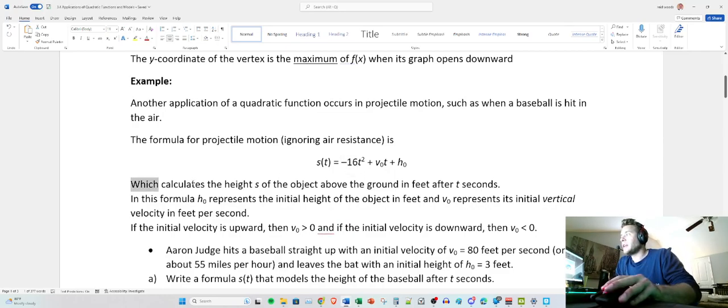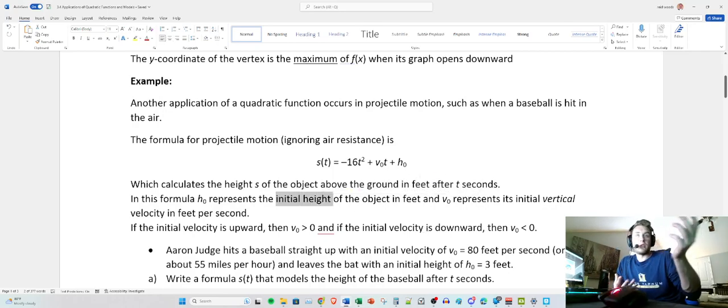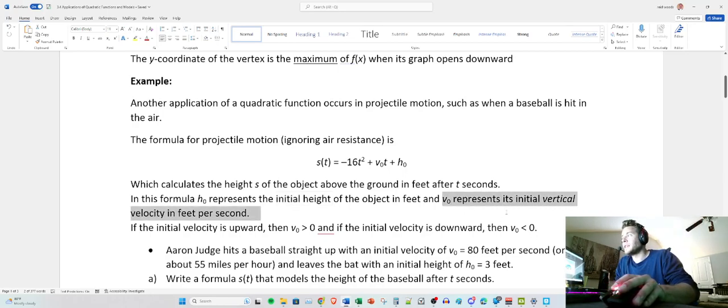This formula calculates the height: S of t is the height, and t is time in seconds. H naught represents the initial height of the object, where it starts when it goes in motion. And v naught represents the initial velocity in feet per second.